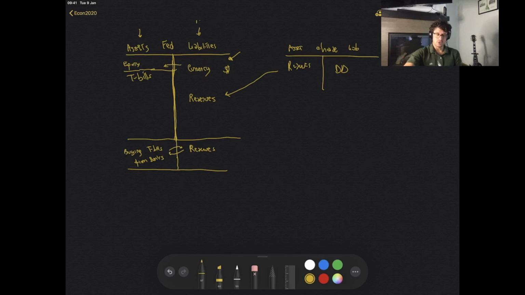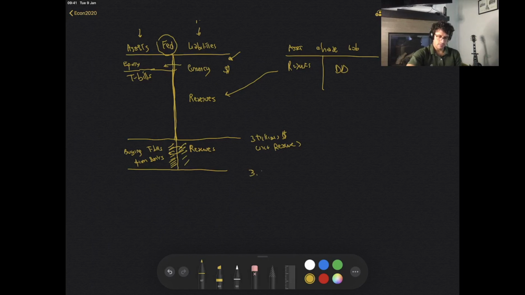Does that make sense? So the balance sheet here, say, was $3 trillion of currency plus reserves. Now the Federal Reserve decides that it wants to introduce new money in the system. How can it do that? By buying T-bills from the banks in exchange for reserves.